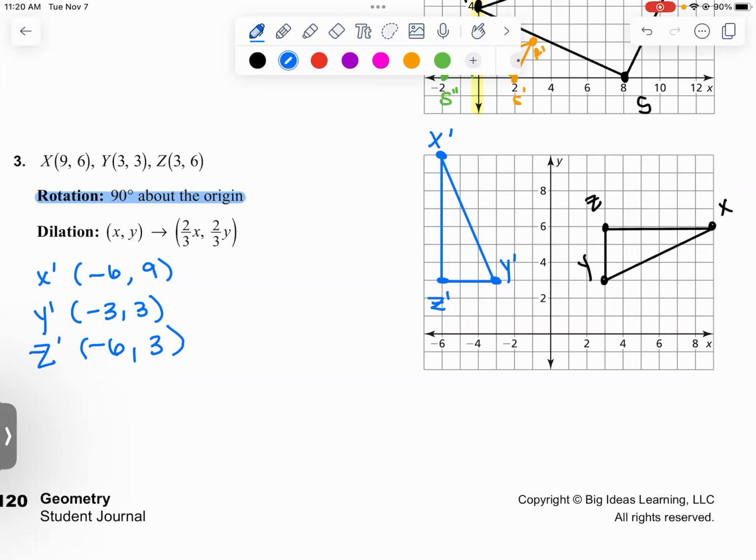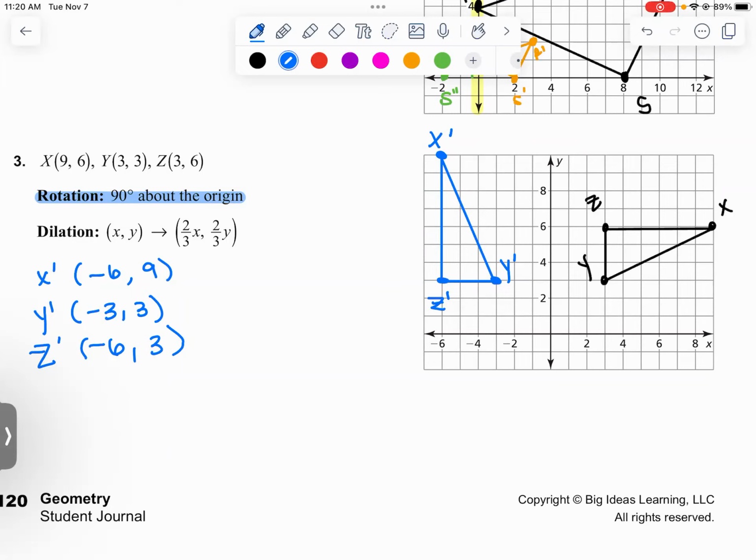So your coordinates should end up at -6, 9, -3, 3, and -6, 3. Do you agree with those? Yes. I don't understand. What don't you understand, bud? Oh, it's 3, 3. I got it wrong.